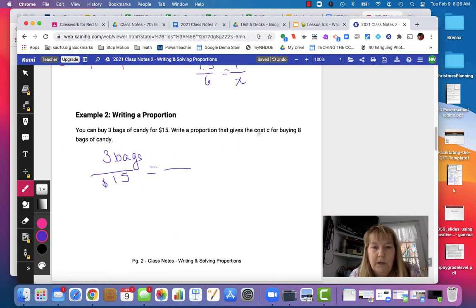So what proportion gives the cost, C, for buying 8 bags of candy? Well, cost has to go with the money. And 8 bags goes with bags. If you label things, it helps you keep track of like to like. Be careful not to write it out of order. If you wrote 3 bags to 15 and C to 8 bags, you wouldn't be comparing like to like things and you wouldn't get the same result. So labeling does help you.